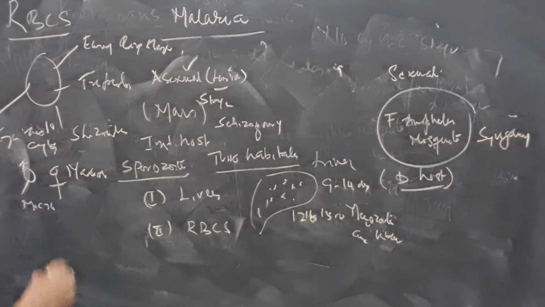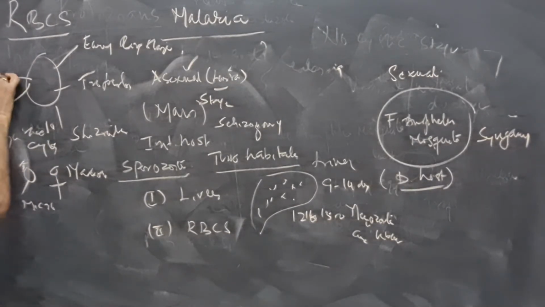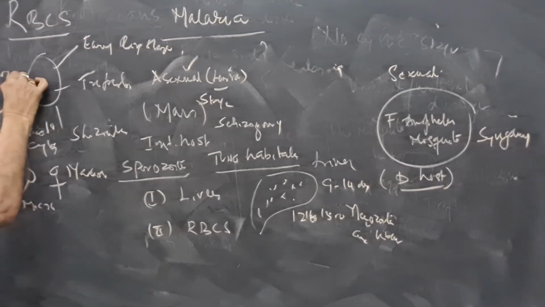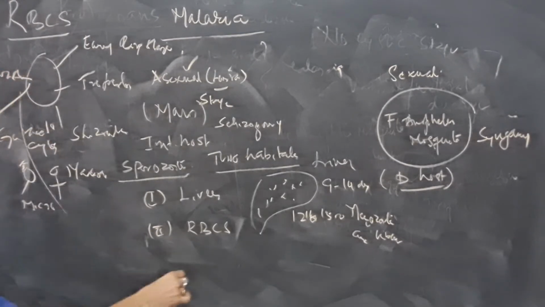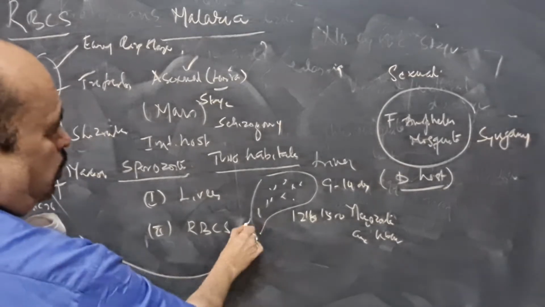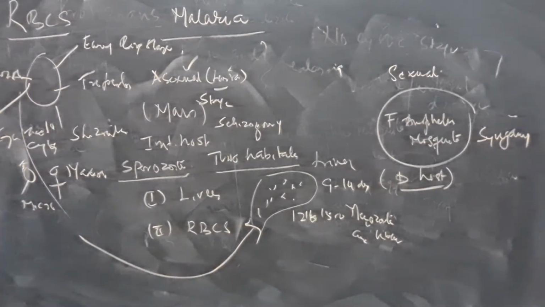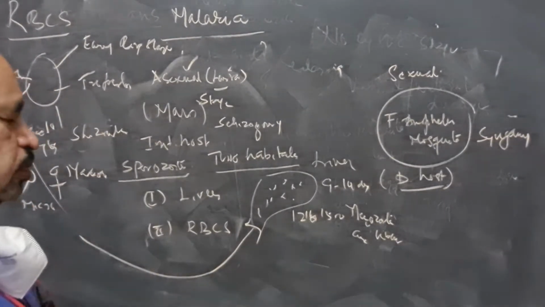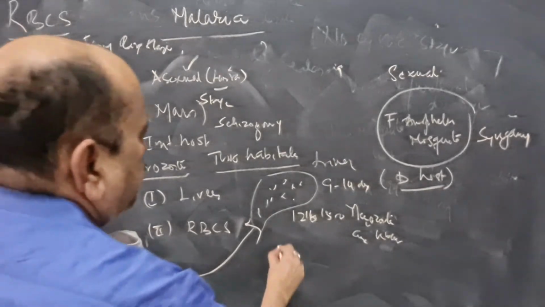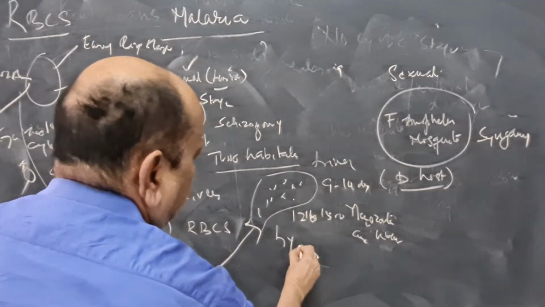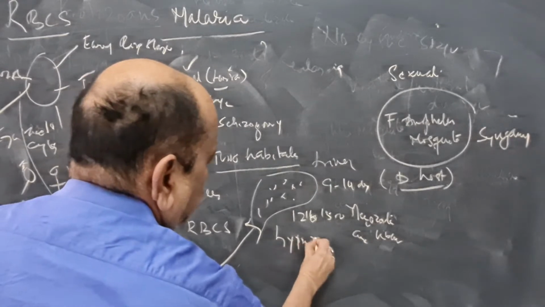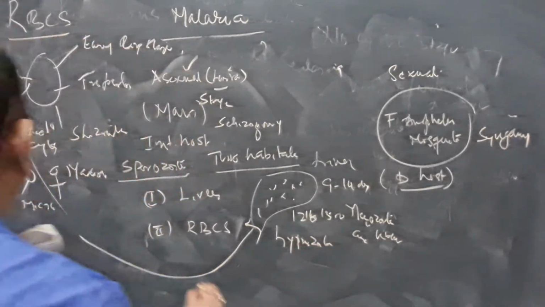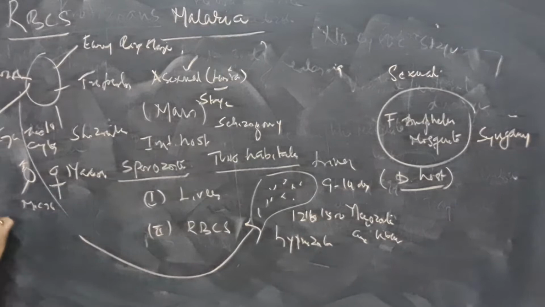Some of the schizonts can transform into trophozoites. Except in falciparum, some go back and attack the liver and stay in the form of hypnozoites. And these trophozoites may attack new RBCs.